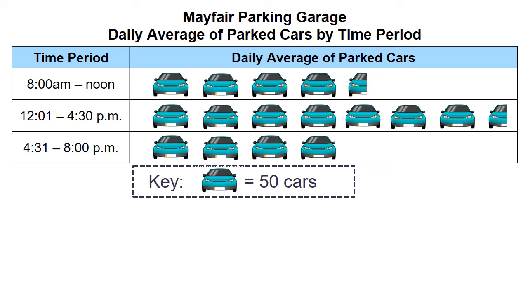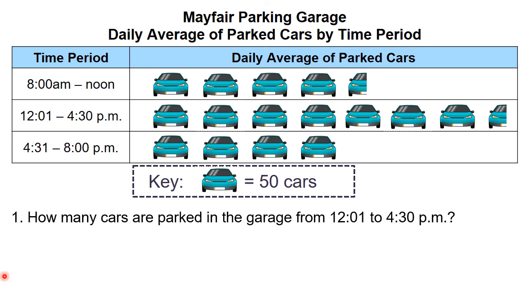So we have these cars and we have this time period. 8 a.m. to 12 noon, 12:01 to 4:30 p.m. and 4:30 to 8 p.m. Our question is, how many cars are parked in the garage from 12:01 to 4:30 p.m.? A. 275, B. 350, C. 375, or D. 650. Okay, so we have to take note that our time being rendered here is 12:01 to 4:30 p.m. So this is the one.